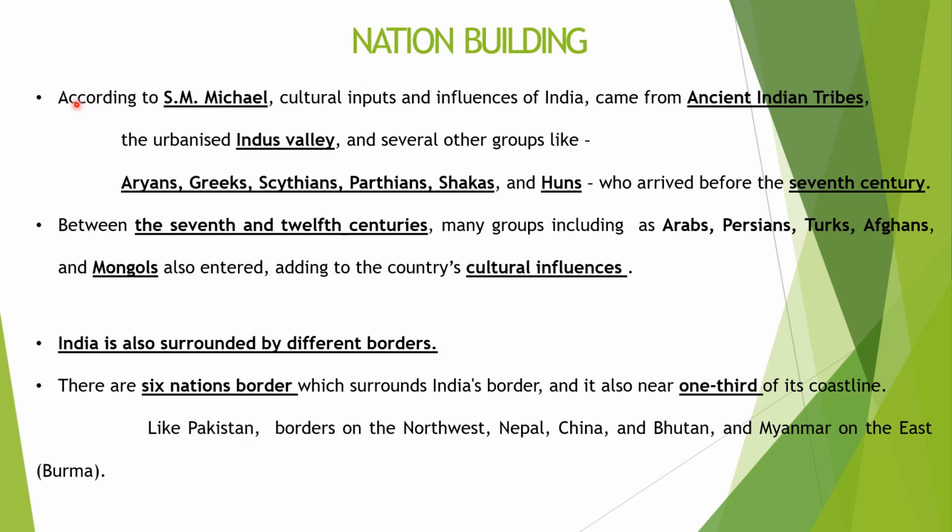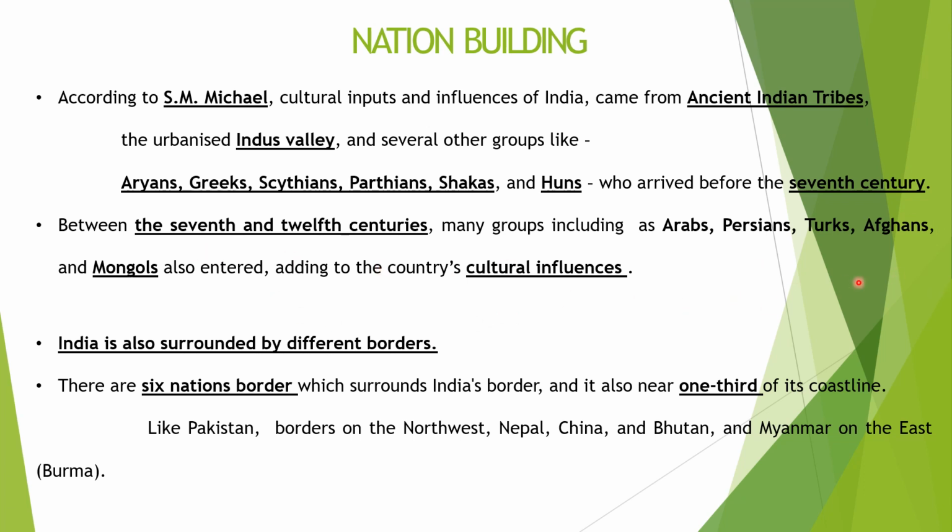Now, we go ahead with S.M. Michael. According to him, cultural inputs and influences of India came from ancient Indian tribes, the urbanized Indus Valley, and several other groups like Aryans, Greeks, Huns, who arrived before the 7th century.